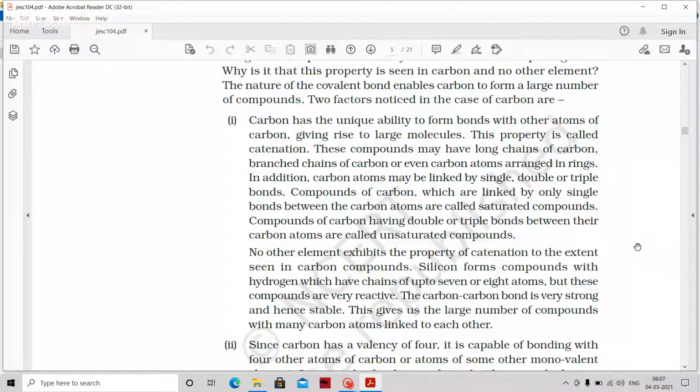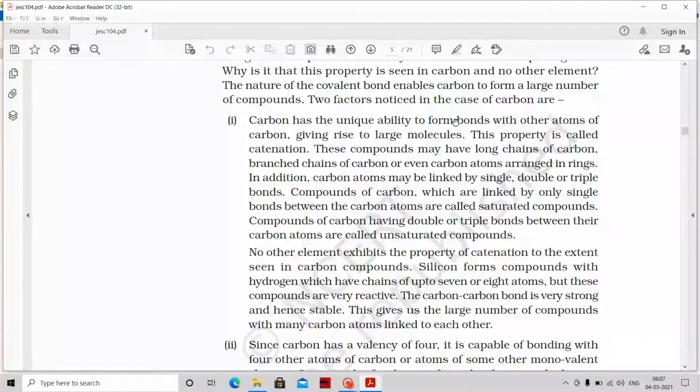That means similar atoms. For example, if I take carbon as an atom, it has the ability to form bonds with the same carbon atoms, and it can continue the chains to a large extent. Like polymers, where thousands of carbon atoms are linked one to one. That property is called catenation.